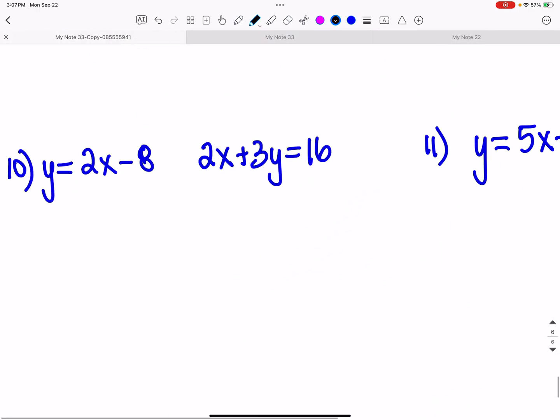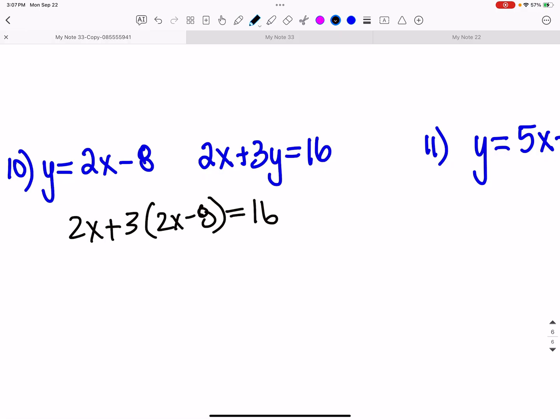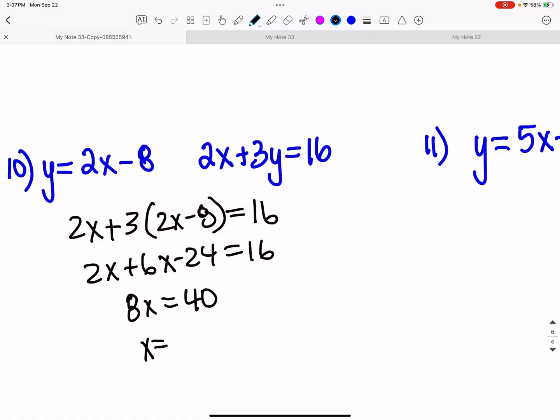Let's see. 2x plus 3 times 2x minus 8 equals 16. 2x plus 6x minus 24 equals 16. 8x is equal to 40. X is equal to 5. Y is equal to 2. 5, 2.